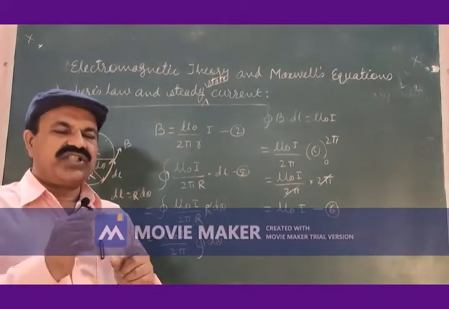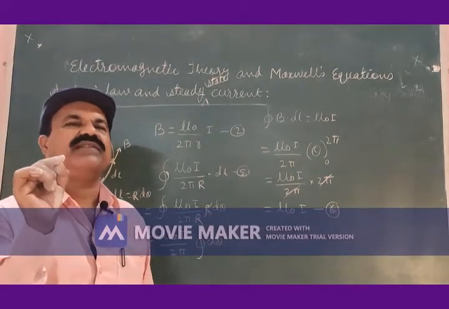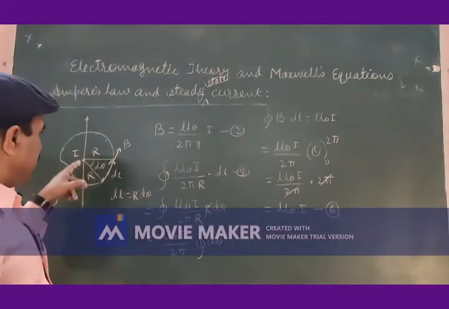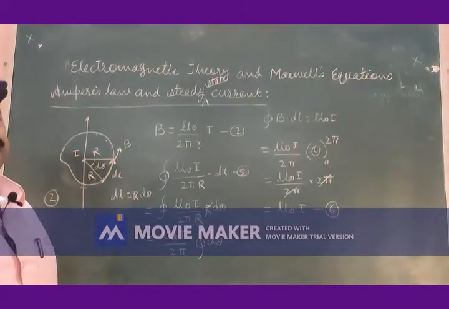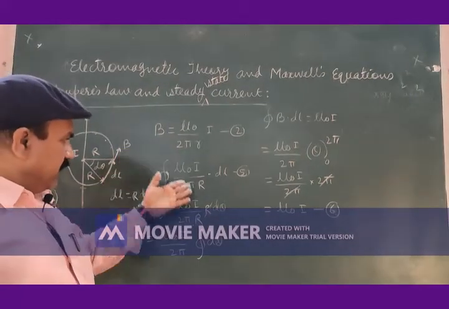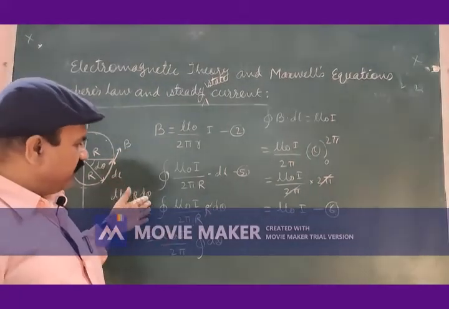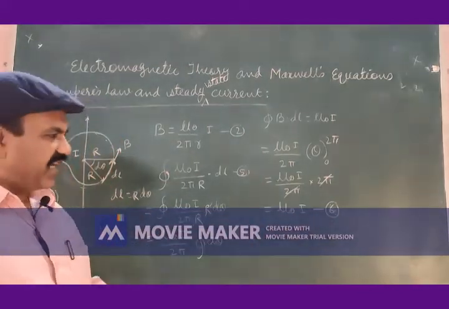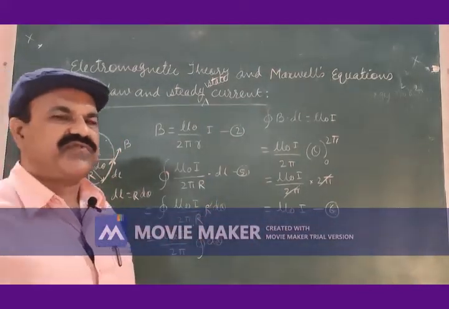You are going to consider a very small element as the arc of the closed path, and therefore this value of R is not going to matter. Do the same thing with the same procedure. We will get equation 6.